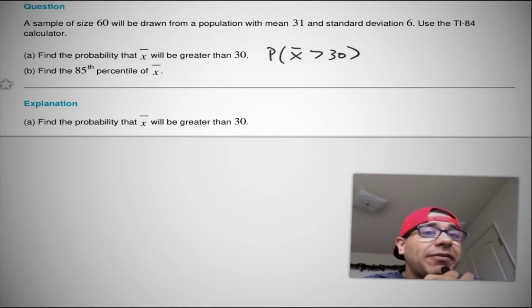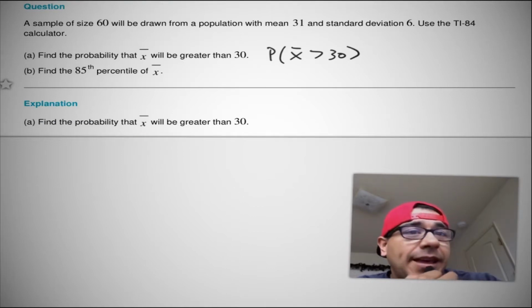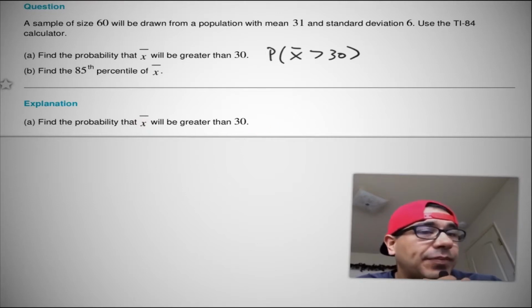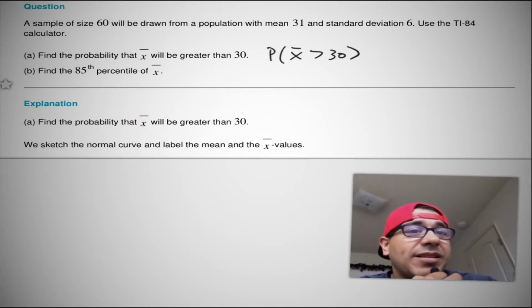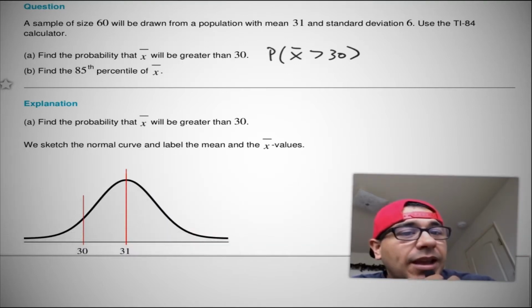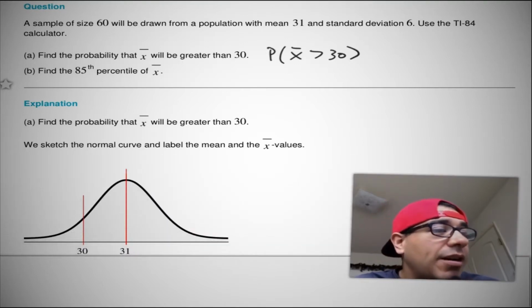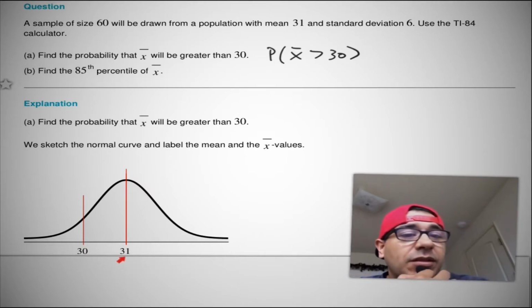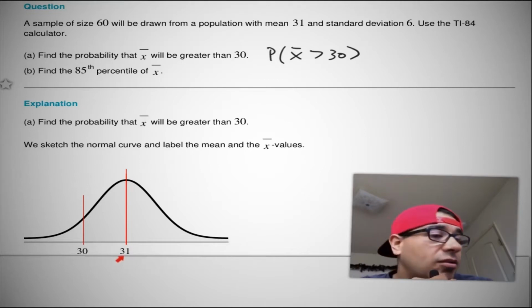We want to find the probability that x bar, not x, but x bar, will be greater than 30. So let's go ahead and sketch our normal distribution, and we're going to put all the information that they give us. The population mean is 31.